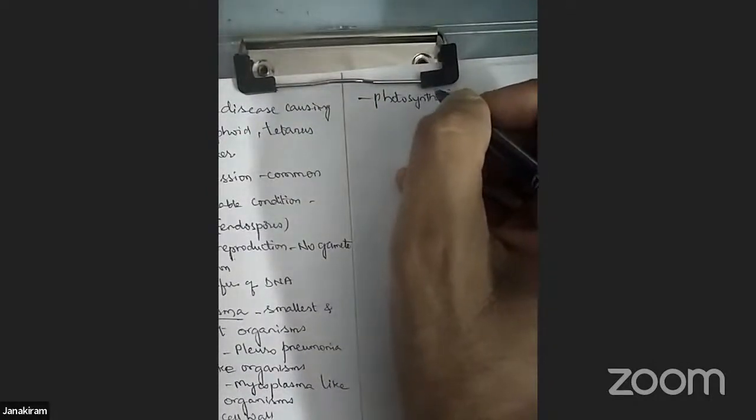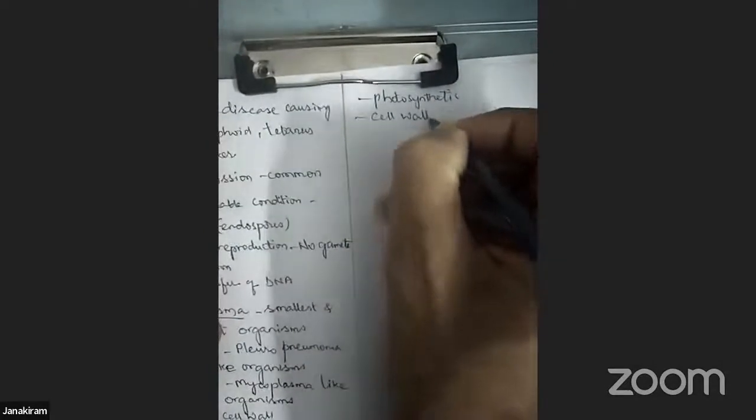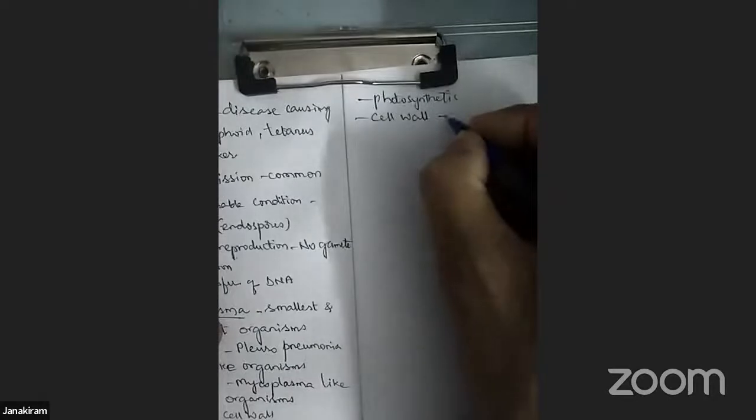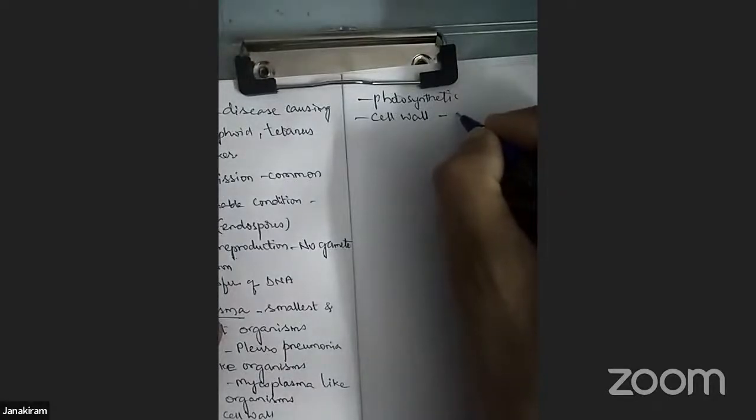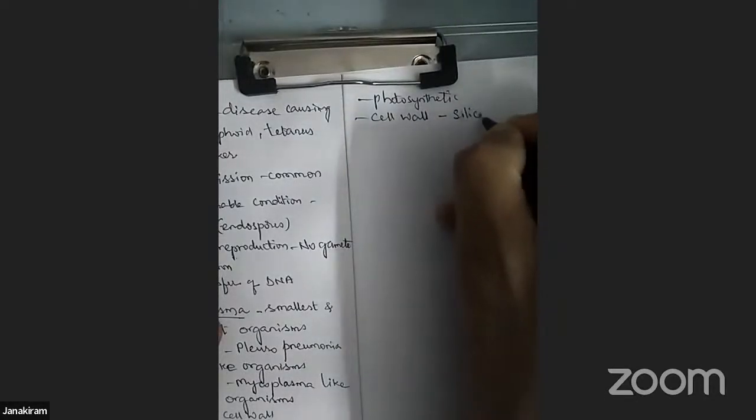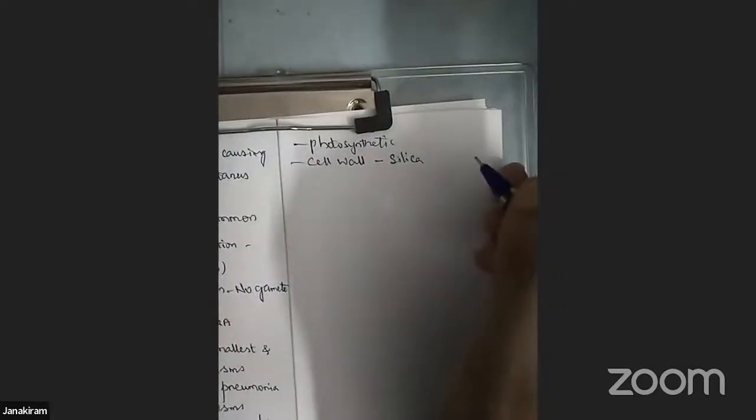These are photosynthetic. Then they have a cell wall which is impregnated with a chemical called silica. And because of this silica, the cell walls are indestructible.